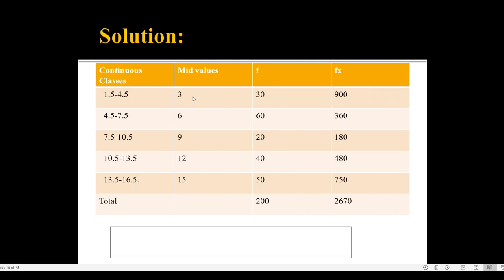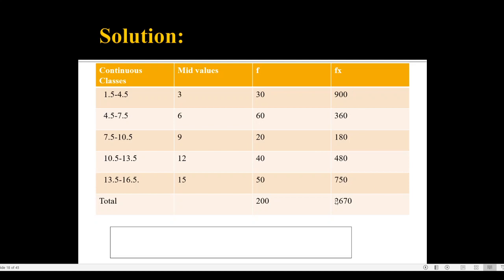If we calculate f into x, here f is 30, x is 3, 30 into 3 is 90, then 60 into 6 is 360, then 20 into 9 is 180, then 40 into 12 is 480, and 50 into 15 is 750. Then we have to calculate summation f into x.